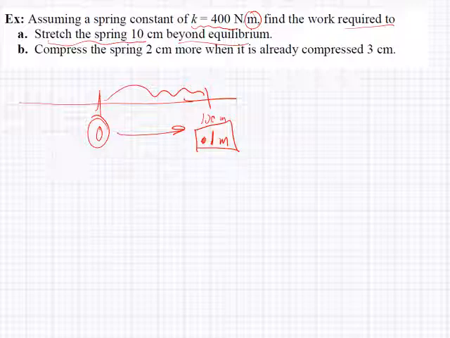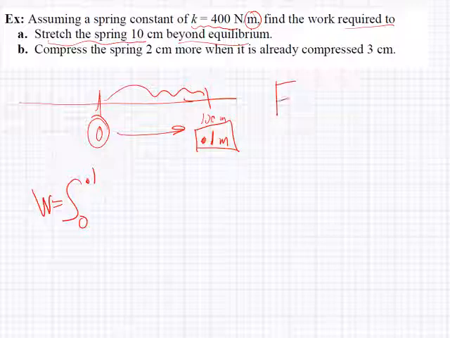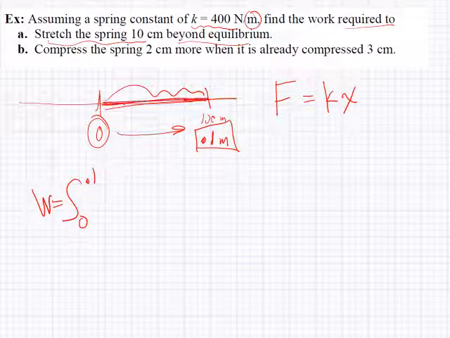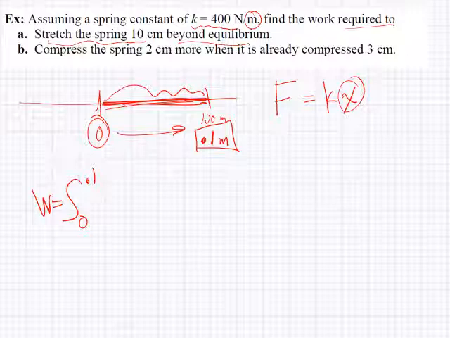So we want to go from 0 meters to 0.1 meters. So in order to do that and calculate the work, we would have to do the integral from 0 to 0.1 of the force. Well, we have this formula that says the force is equal to K times X. The distance is moving, right? So since distance is moving along the x-axis, let's just call that x. And the spring constant was given to us as 400, so this would be 400x.